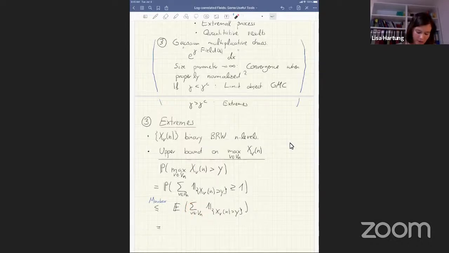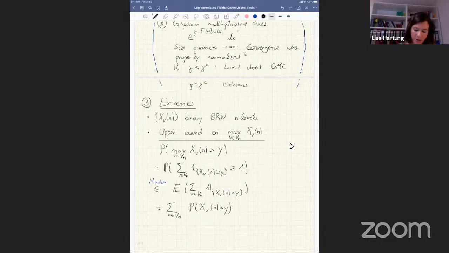So I get the sum over v in V_n, and now I have the expectation of an indicator function, so the probability that X_v(n) is larger than y. But now this probability only contains one of these X values and not all of them.